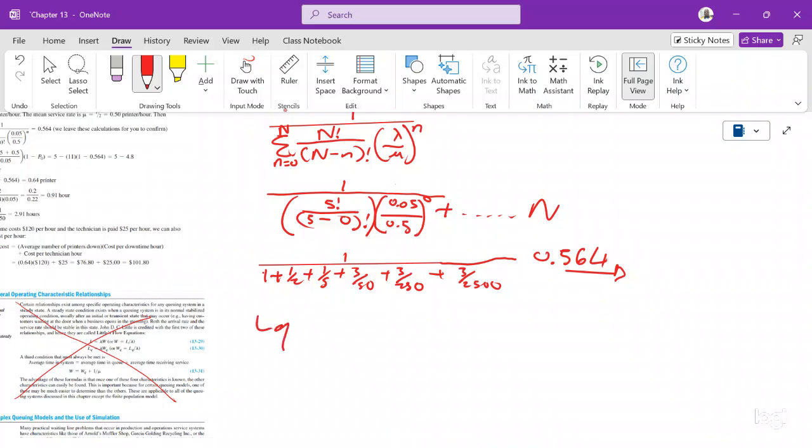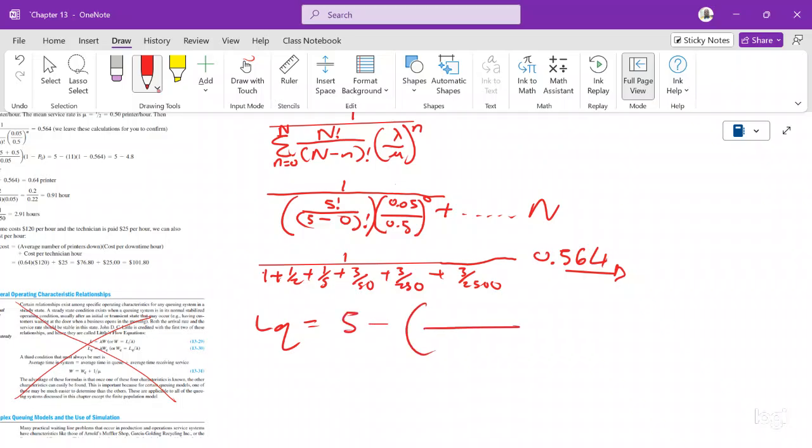Then WQ is equal to LQ over. Where is LQ? LQ is this one. 0.204 over 5 minus L, 0.64.